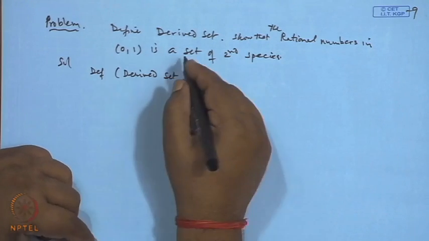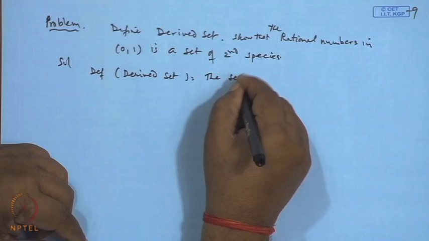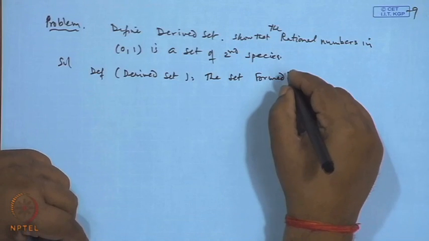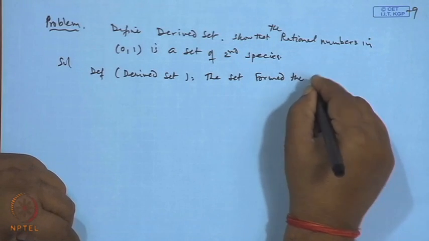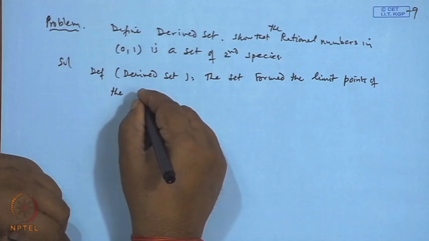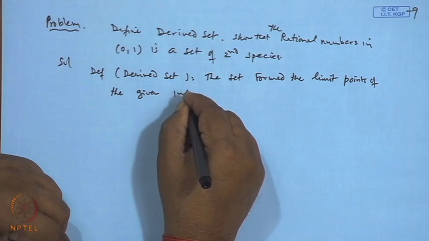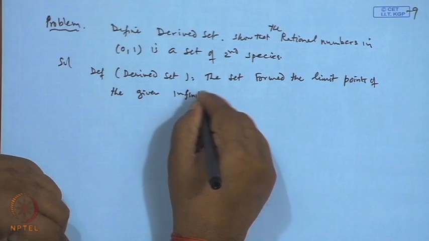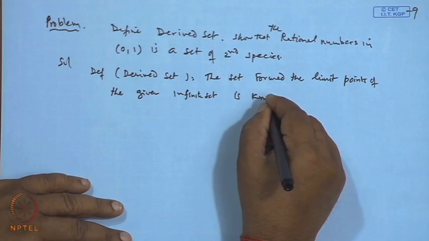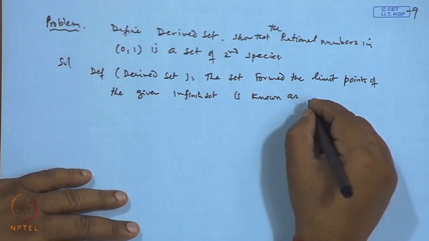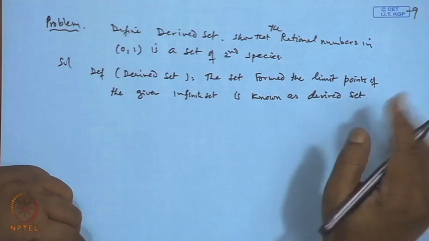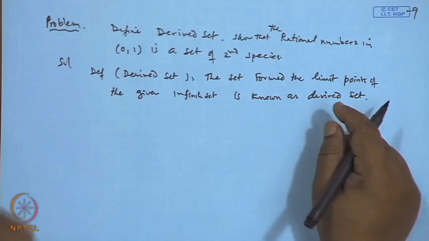The set formed by the limit points of the given infinite set S is known as the derived set, because a finite set does not have any limit point, as we have already seen.